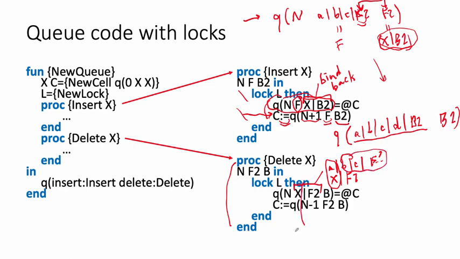So this will actually get the first element of the queue. Okay? And then I will create a new output where F2 is going to be just the initial value without the first element, and the back stays the same. So this removes D. So here I will have X is equal to A. Okay, so this is how the insert and the delete work.